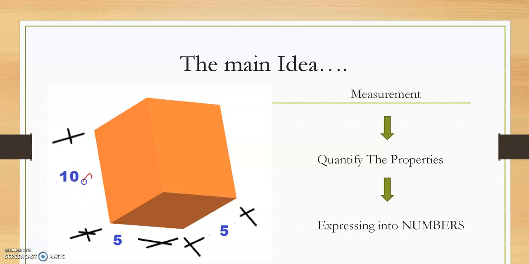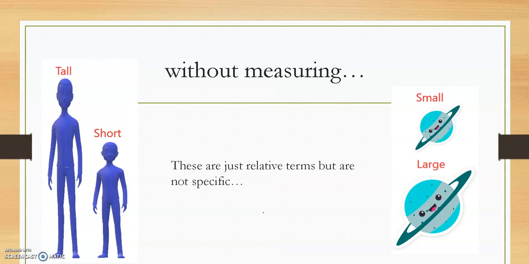Say for example, 10 feet, and then 5 feet, and another 5 feet here. So in that example, that is a specific measurement with its accurate unit and quantity.